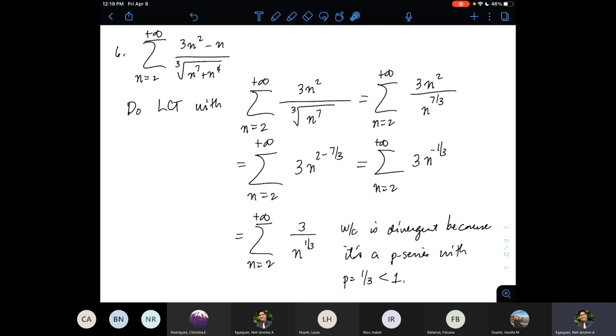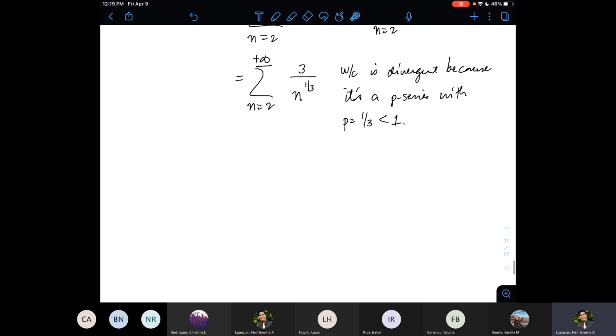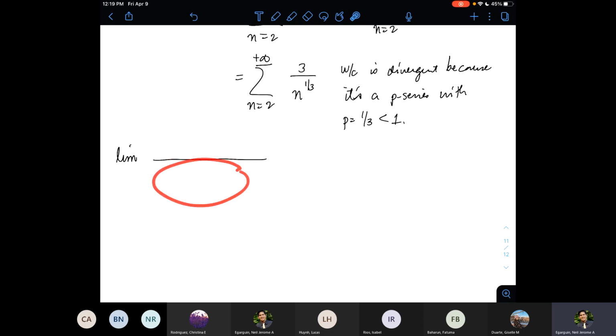Now to formalize that solution, we'll take the limit of the nth terms in our series. So you take the limit of the nth term in the given series versus the nth term in the testing series. And if that is a constant, then they will both converge or both diverge.